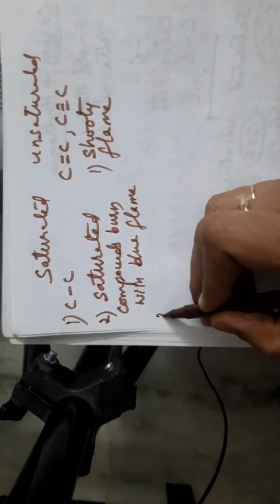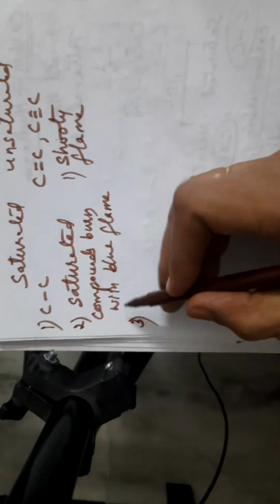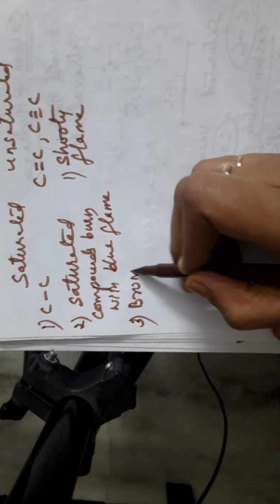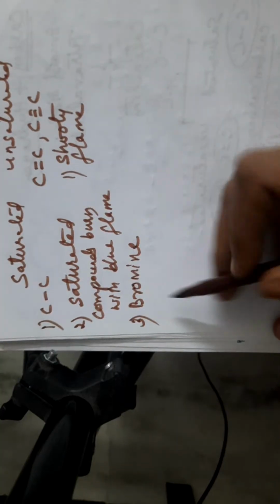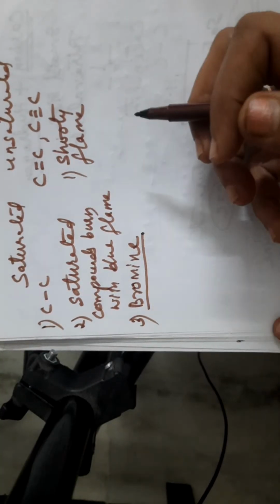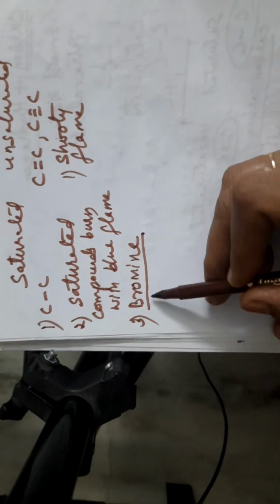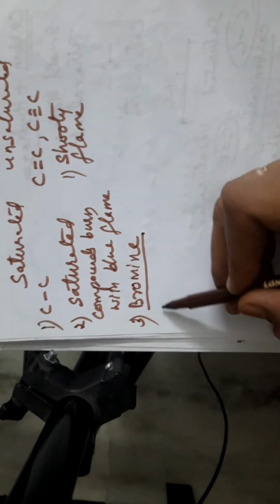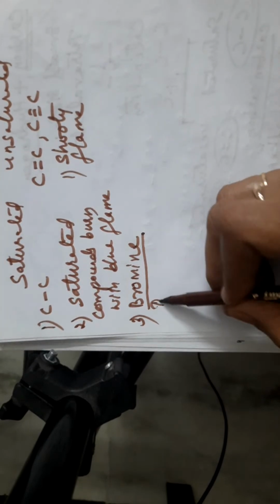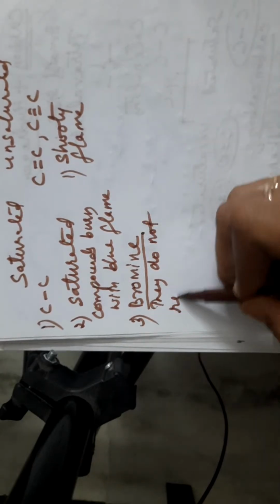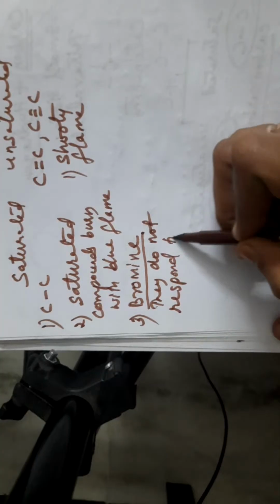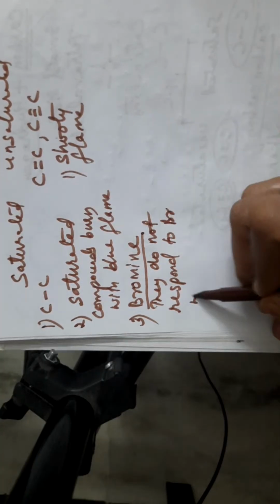Now the third property, bromine water test. Bromine water is brown in color. Saturated compounds, as they are single bond compounds, do not respond to bromine water test.